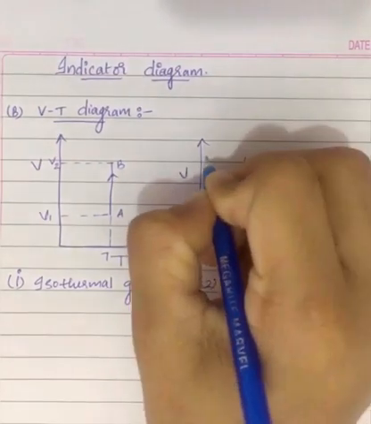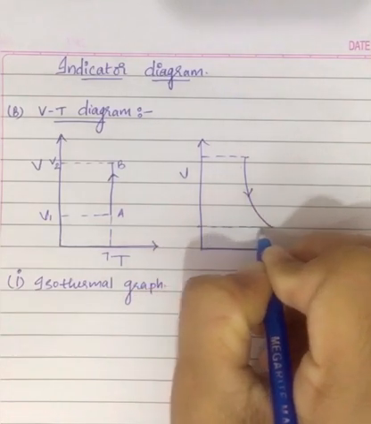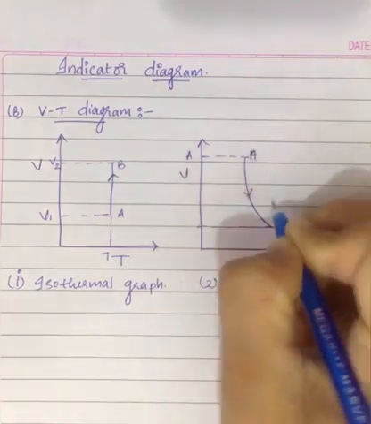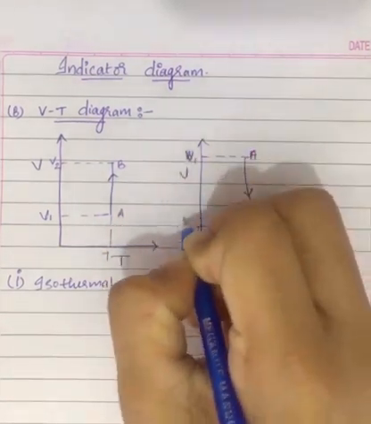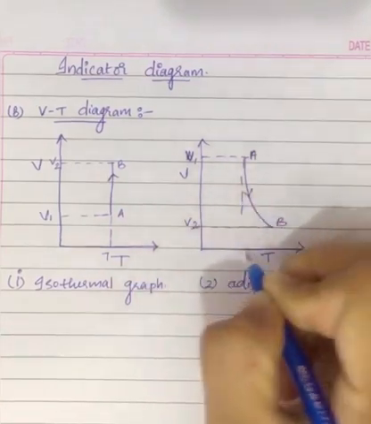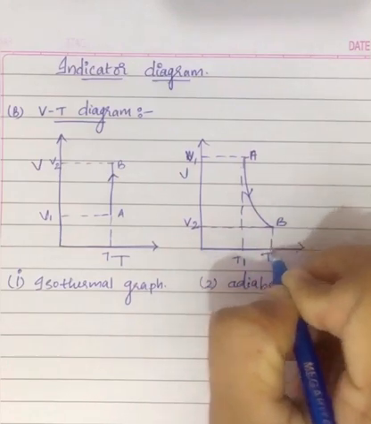T, A, B, V1, V2. Temperature variation T1, T2.